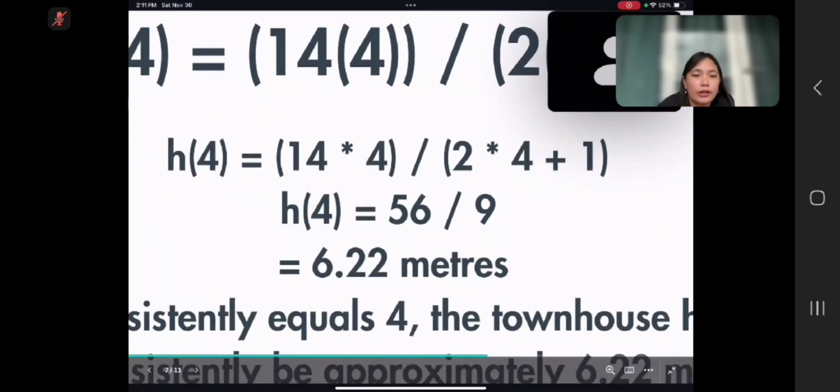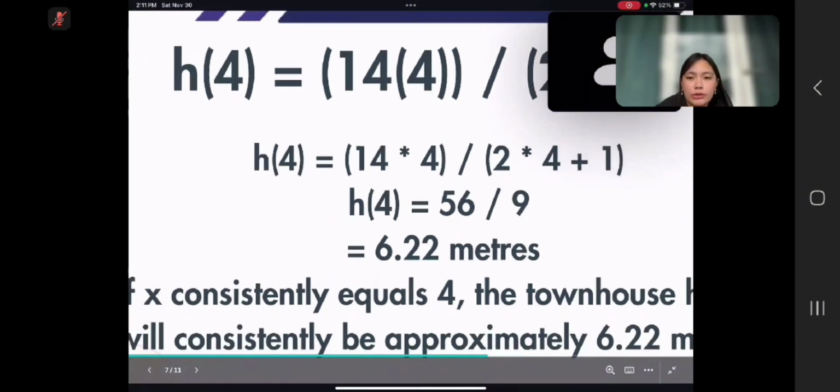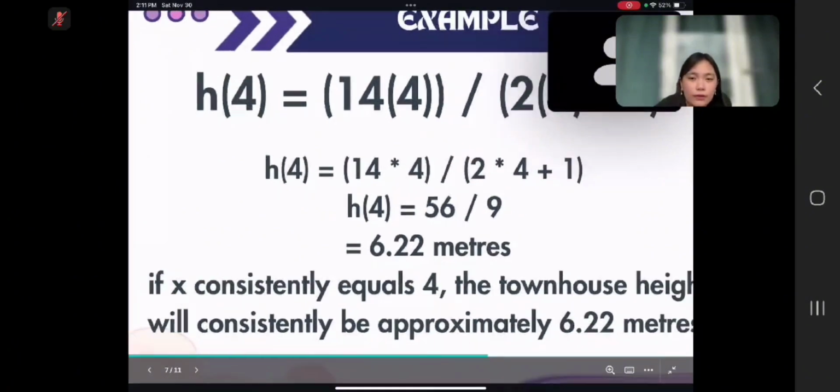Down below, you see the second layer, h of 4 equals 14 times 4 over 2 times the quantity 4 plus 1. In the third layer, 14 times 4 equals 56, and 2 times 4 equals 8, plus 1 equals 9. That would equal 56 over 9. So 56 divided by 9 equals 6.22.